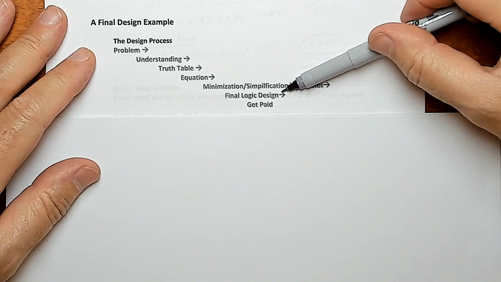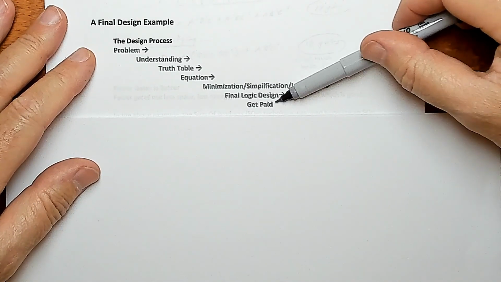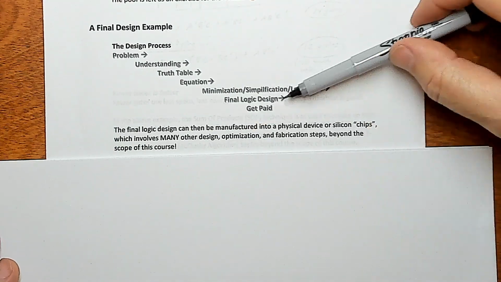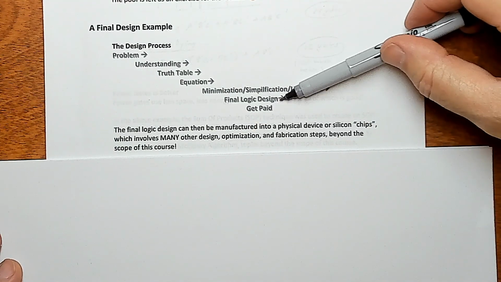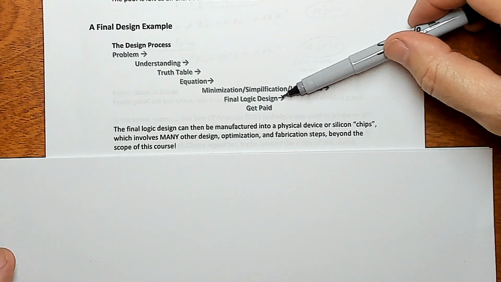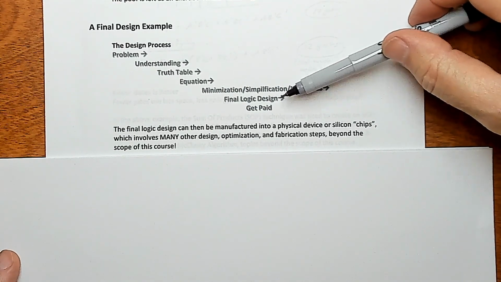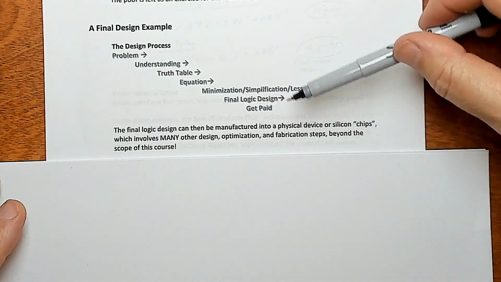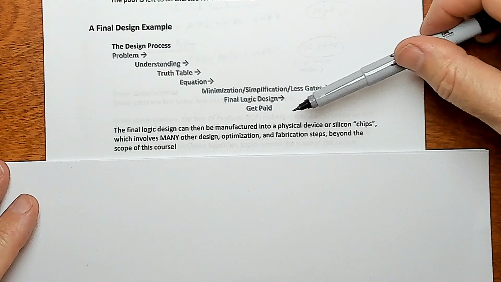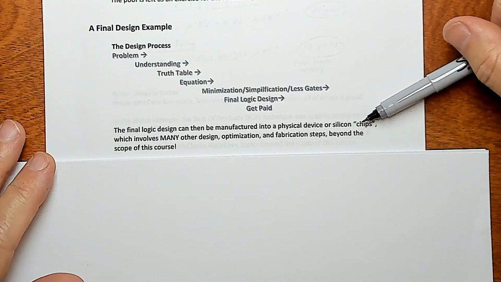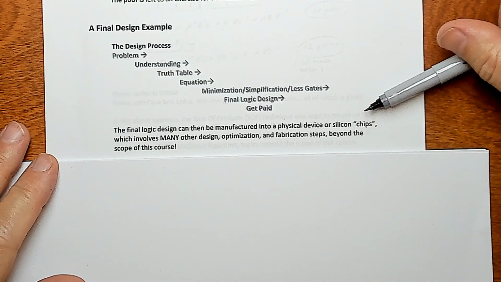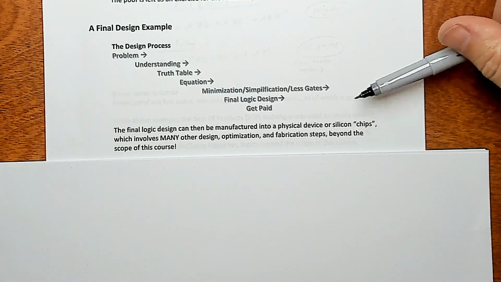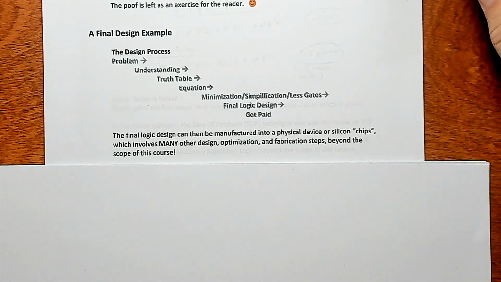Then you turn that into a logic design, and then you get paid in the end. That's what it's all about, right? Getting paid. Once we have the gate diagram or the equations that correspond to it, there are a lot more transformations that have to be done before this thing can be fabricated onto silicon.